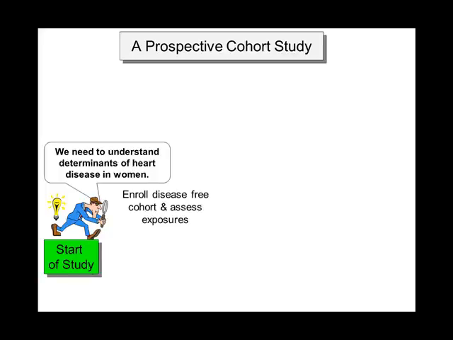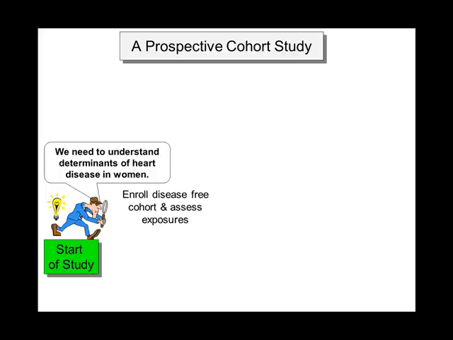So they began to enroll nurses, and they had the advantage here that they could verify that in fact they didn't have any of the health outcomes of interest, and they could begin to very carefully assess their baseline exposure status with respect to many possible exposures.